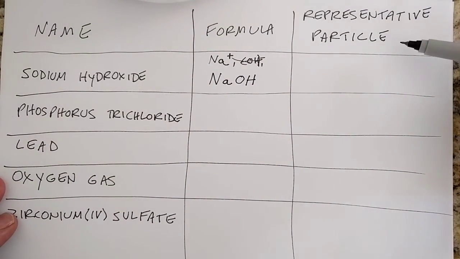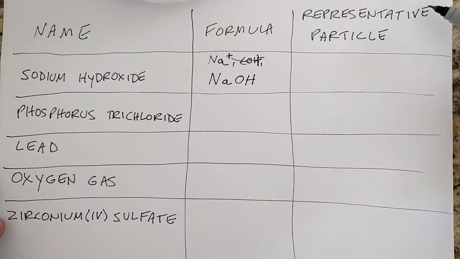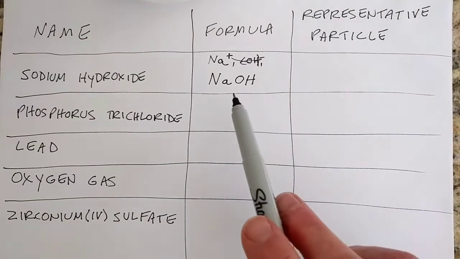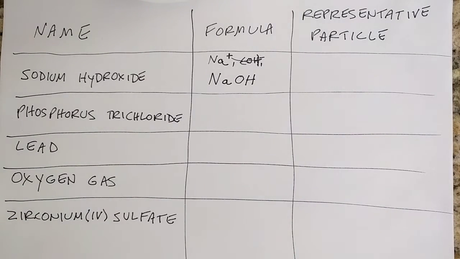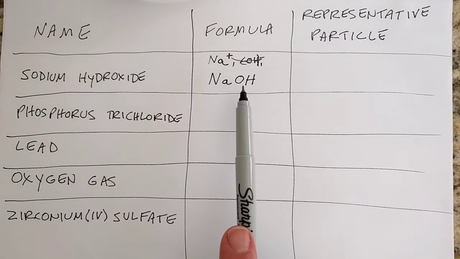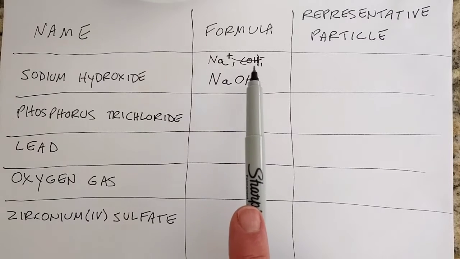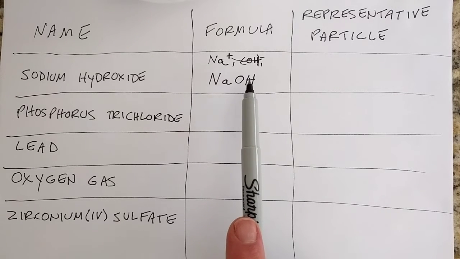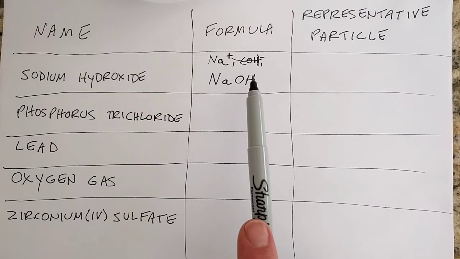Now, what is the representative particle of NaOH? Well, we need to identify what type of compound sodium hydroxide is. When we have a metal and a polyatomic anion, this means we have an ionic compound.